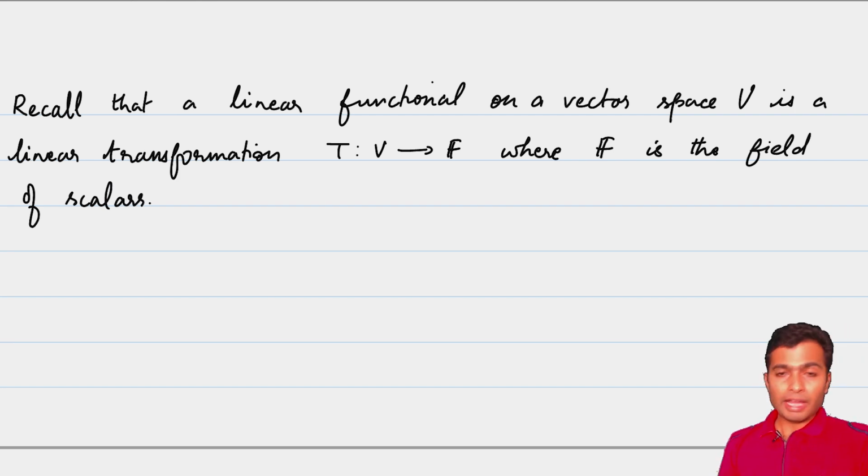So we have studied these objects in detail. We studied the dual of a given vector space. Nevertheless, it's good to recall in this context what a linear functional is, because it's useful.